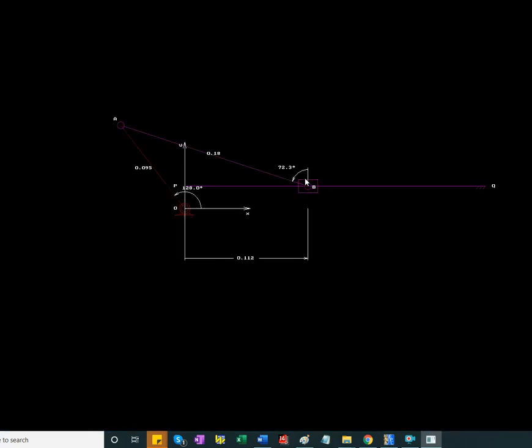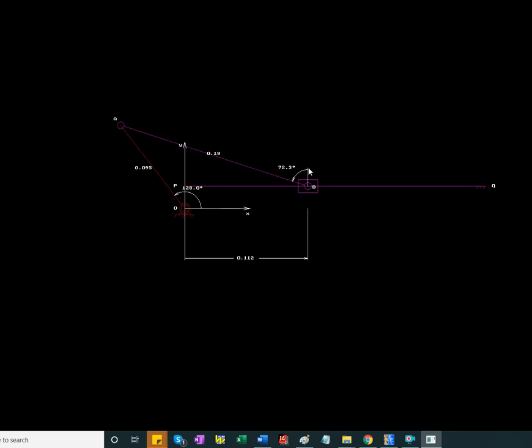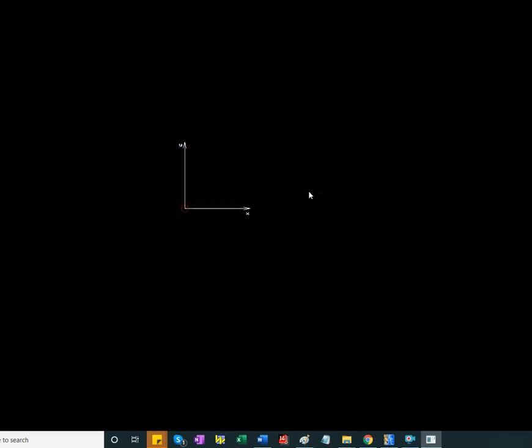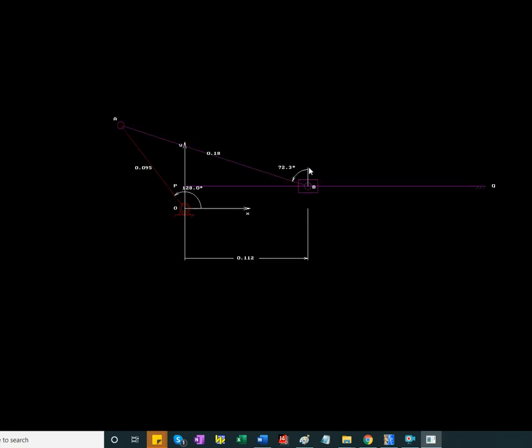Since I'm measuring from a vertical, I need to specify a point above B, so you will see y of B plus some number, and I chose that to be 2. It's an angle that goes from that point offset by 2 in the y direction, to point B and point A.